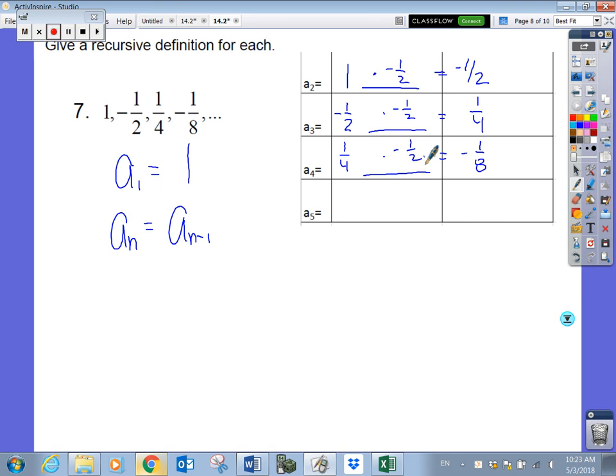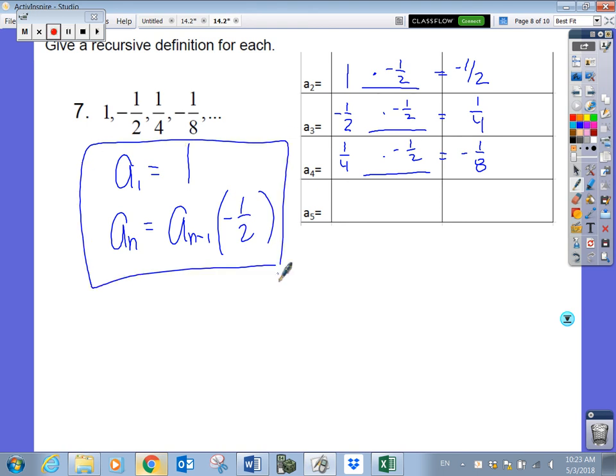So just like the divide by 3, you can divide by negative 2, put the negative 1/2 in front, at the end, whatever you want to do. Since I already wrote it right here, I'm just going to do times negative 1/2. Now, do not write a sub n equals a sub n minus 1 then 1/2 directly. If you do that, that means minus 1/2. Okay? Don't just write it next to it.